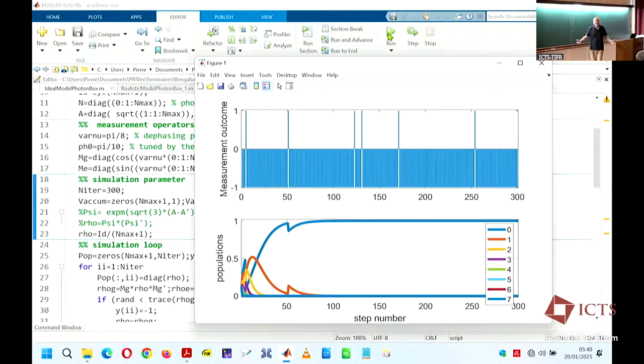And what can you do? After that, you do the statistics. How many times I converge to 7, I converge to 0, and so on. Okay, it is exactly this. And you see, you can infer what's going on by the statistics of the clicks. At the end, you see these blue regions.